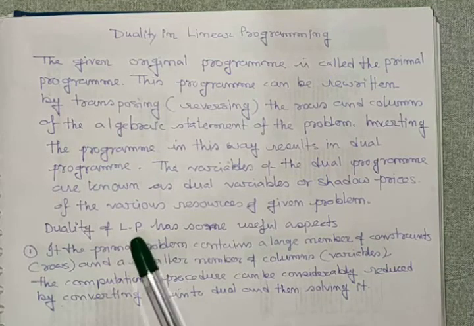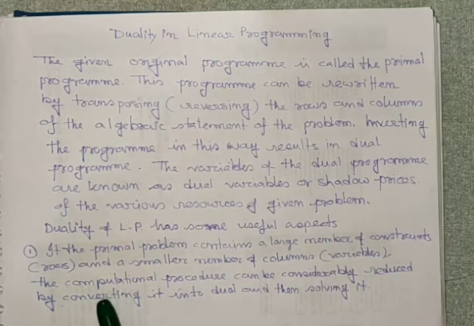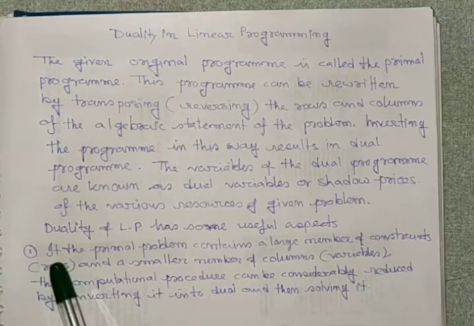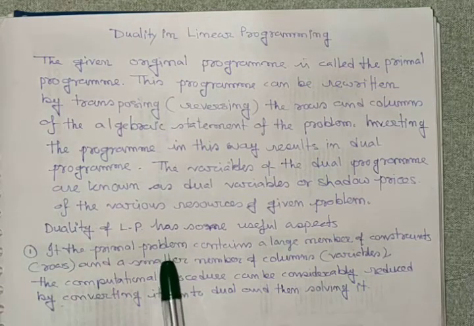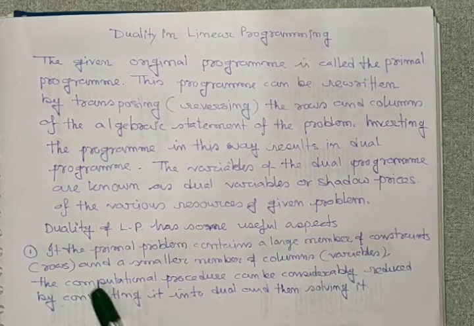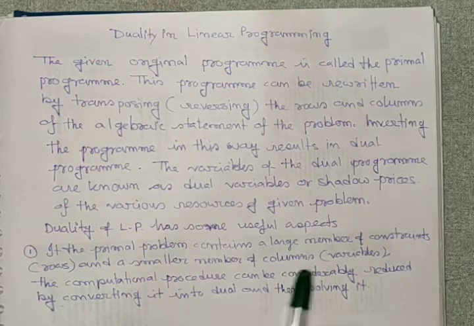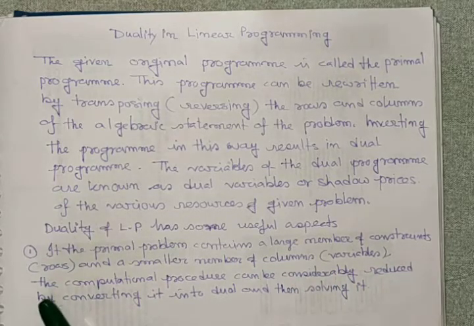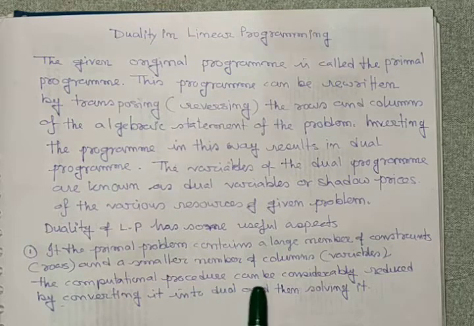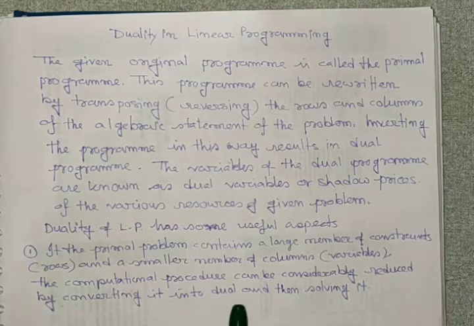Duality in linear programming has some useful aspects. Number one, if the primal problem contains a large number of constraints, that is the rows, or a small number of variables, that is the columns, the computational procedure can be considerably reduced by converting it into the dual, then solving it.